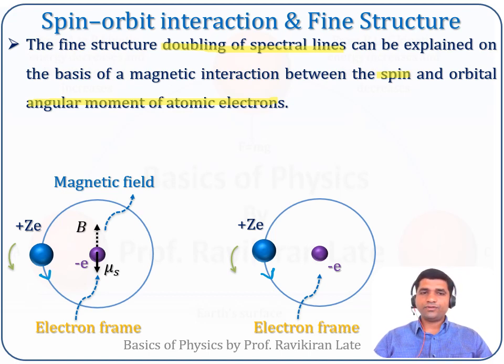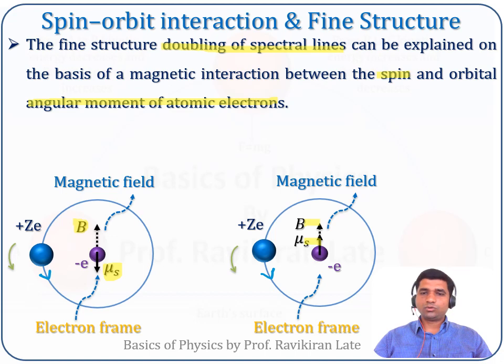Suppose the magnetic field which is created by the motion of this nucleus is pointed in an upward direction, and the magnetic dipole moment associated with the spin part is pointed in a downward direction. If these two are in opposite directions, that will be one configuration, or if both of them are in the same direction, then this will be another way of observing this thing.